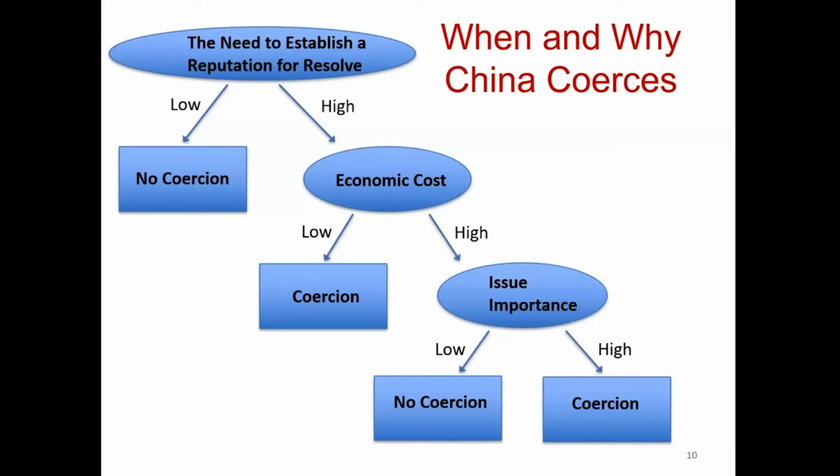If you could go back to your decision tree. Both in the opening vignette, but then at a number of points in your talk, the response of the other actor becomes very important. In fact, in the big data you showed, it's actually the Philippines who are pushing the Scarborough Shoal issue first, and China is in a way reactive.